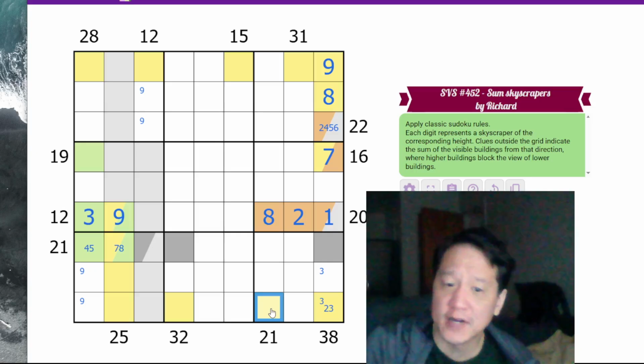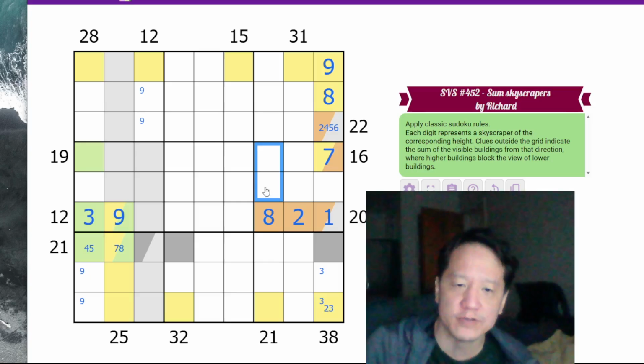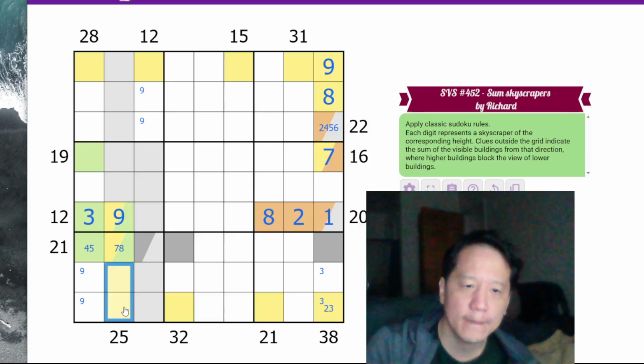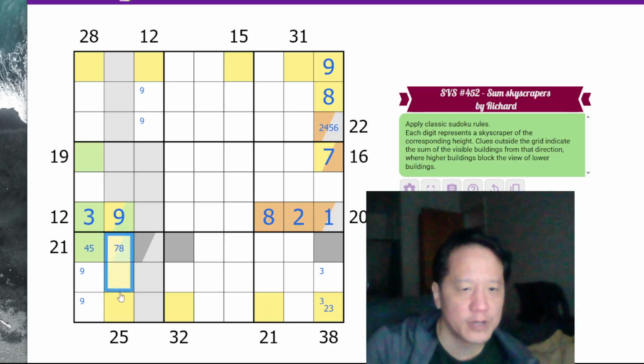This could be 5. So either it sees the 8 here and the 9 is one of these two, or it sees 5, 7, 9 here. It cannot be 3. Again, what are the combinations that add up to 16 here?